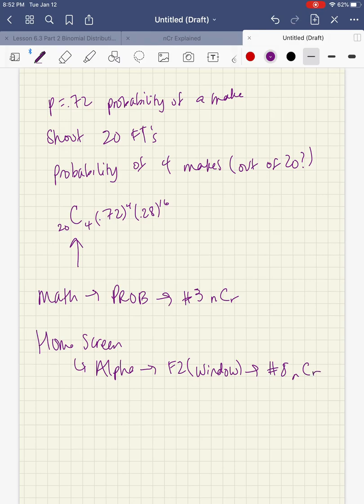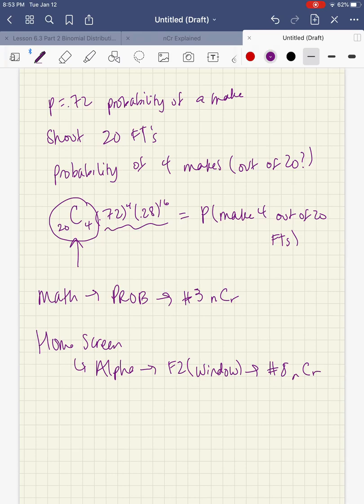But basically, in order for you to find the total number of combinations, you have to make sure that you do this in conjunction with finding the probability, okay? So this overall formula would give me the probability that they make 4 out of 20 free throws if he was a 72% shooter, okay?